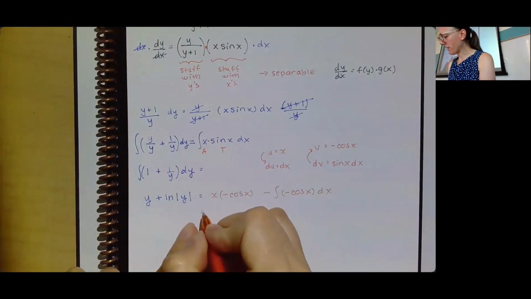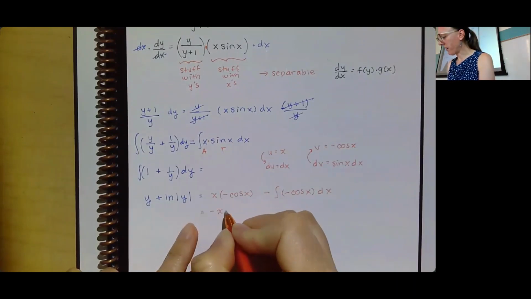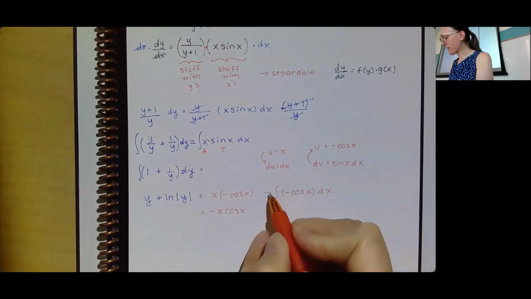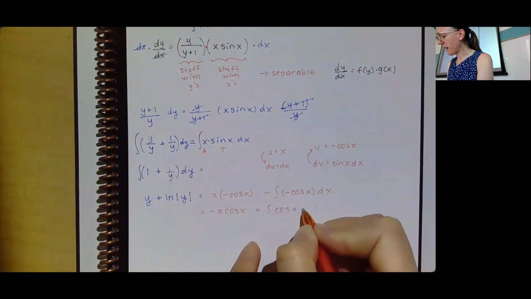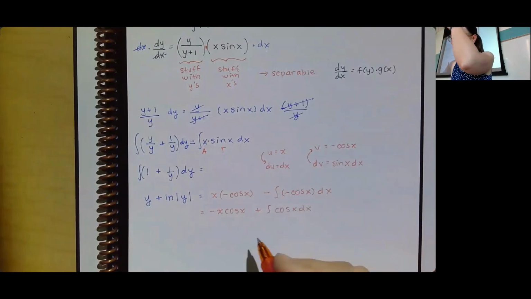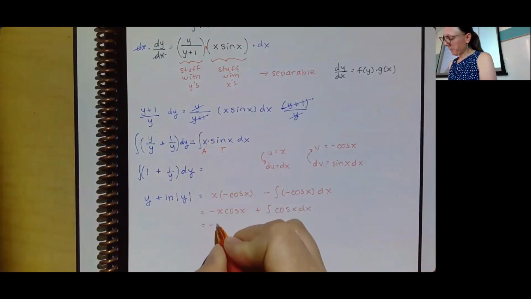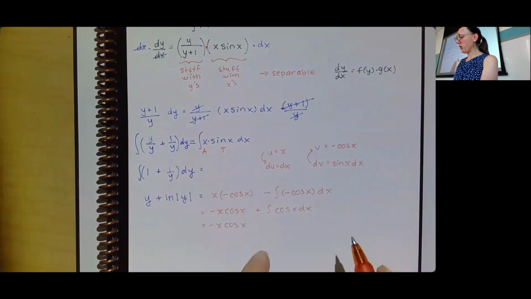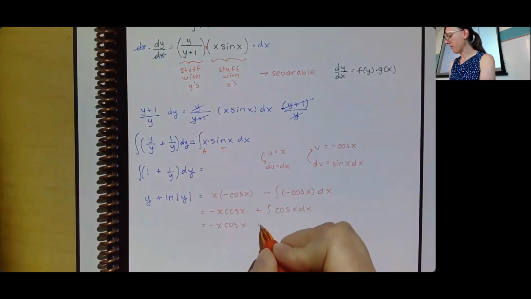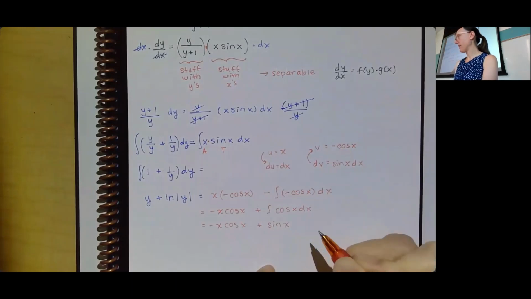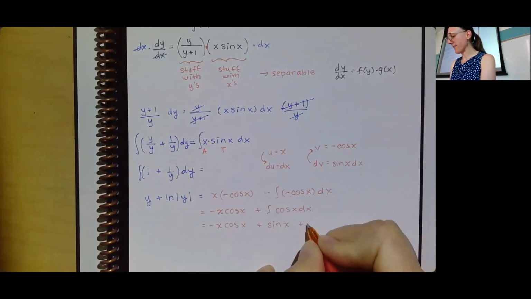So I'm going to put that minus sign out in front. Minus a minus will make that a plus the integral of cosine of x dx. And now I'm going to go ahead and integrate that. The function whose derivative is cosine is positive sine of x plus a constant.